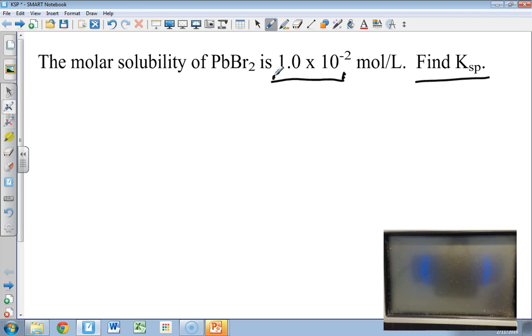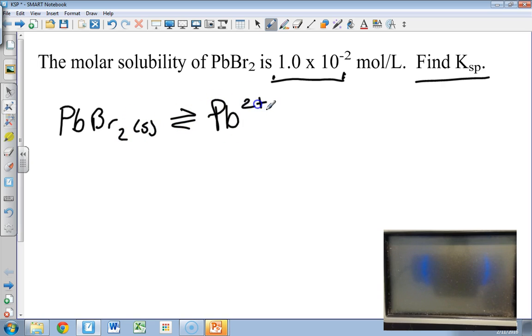So let's write a balanced chemical equation. We get PbBr2 solid is in equilibrium with Pb2+ plus 2Br-. Now, these two things are aqueous.